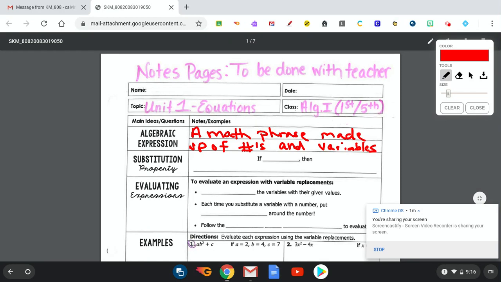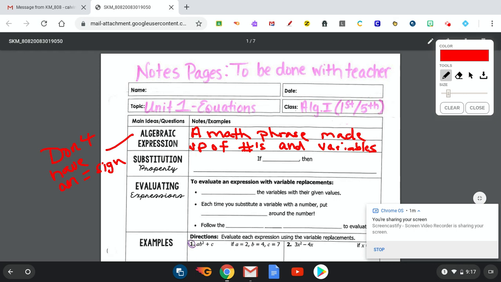One thing to note about algebraic expressions is that they don't have an equal sign. So that's the difference between an algebraic expression and an algebraic equation, is that they don't have an equal sign.